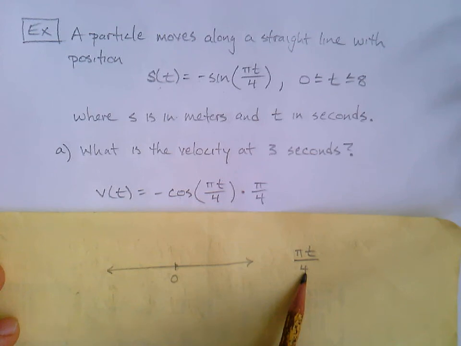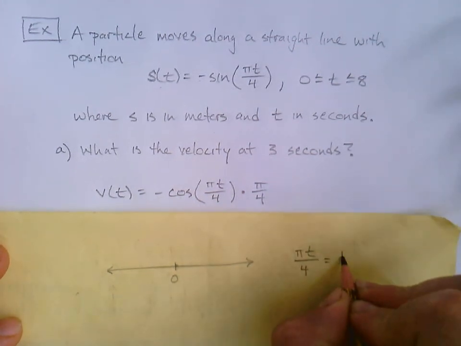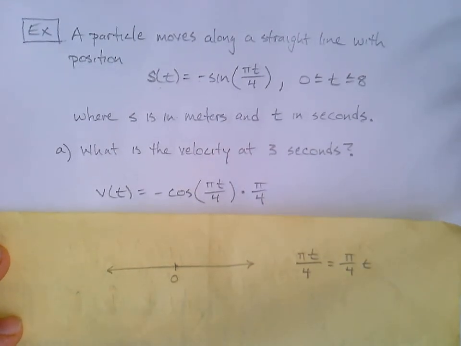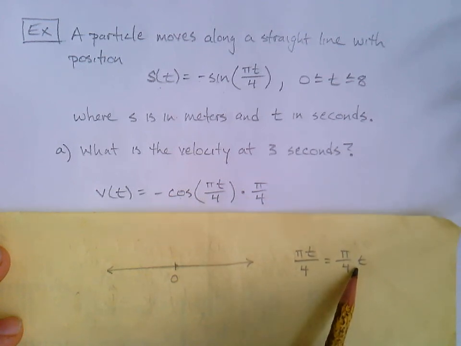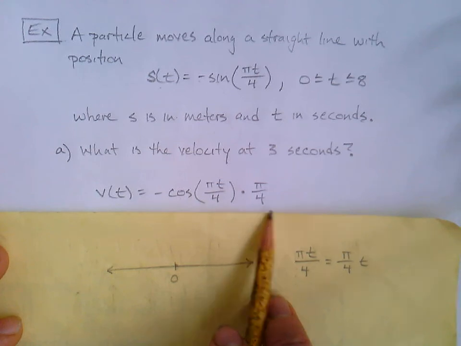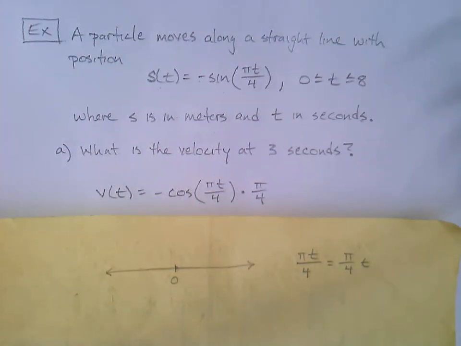Because your denominator is a constant, why not just think of this as pi over 4 times t? And then you're like, oh, well, the derivative of this, pi over 4 times 1, that's just pi over 4. That's so much easier to think of it that way than with the quotient rule.